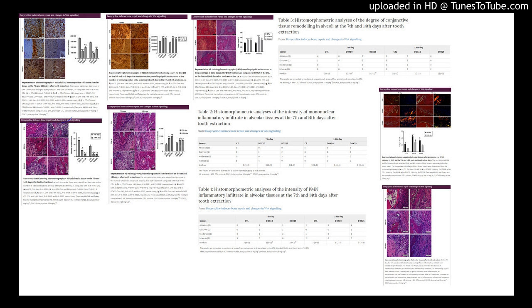E, F, versus CTL, 7th day, and versus DOX25, 7th day, P=0.0017 and P=0.0023, respectively. G, H, versus CTL, 7th day, and versus DOX25, 7th day, P=0.0019 and P=0.0020, respectively.